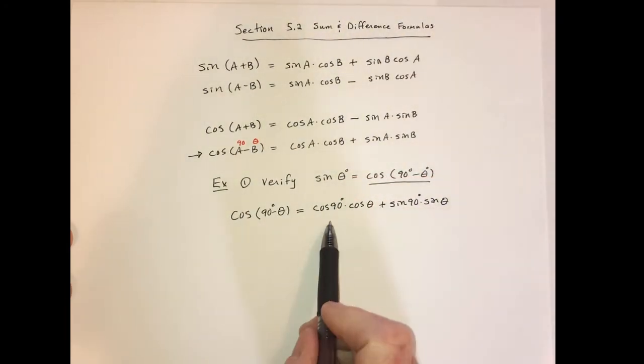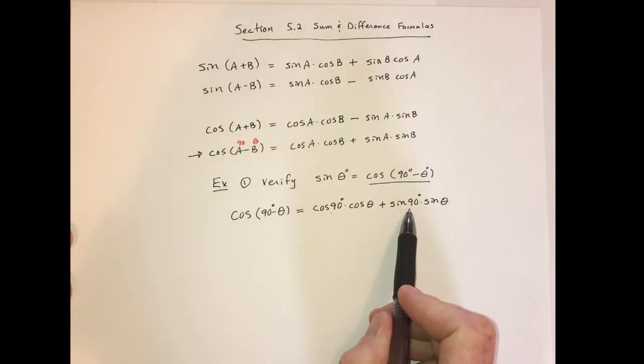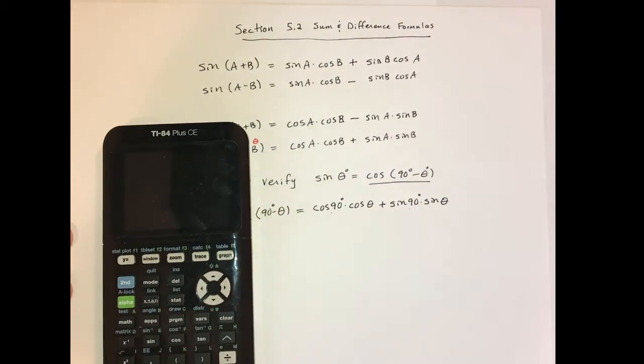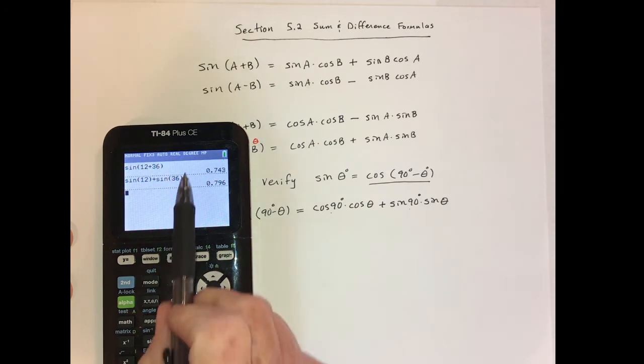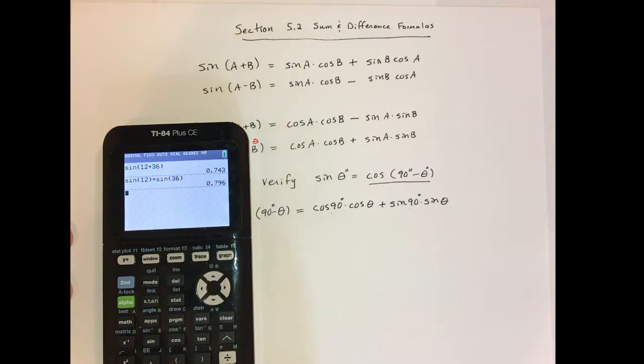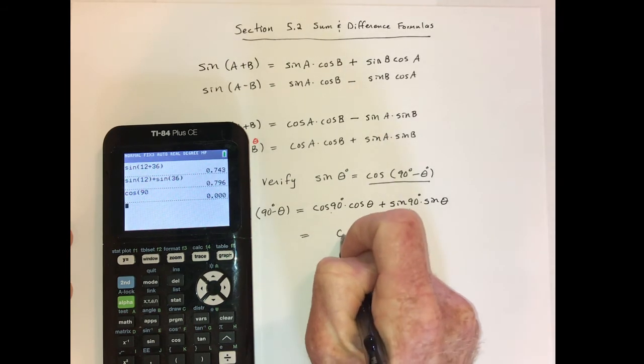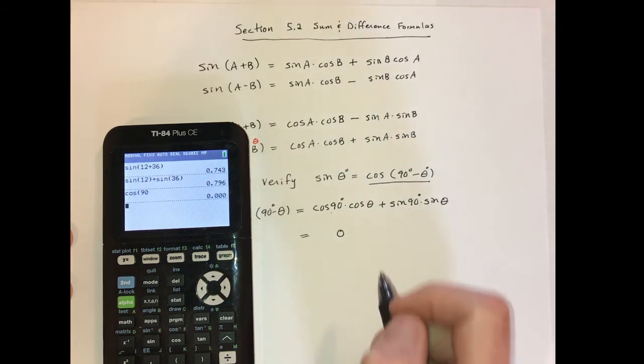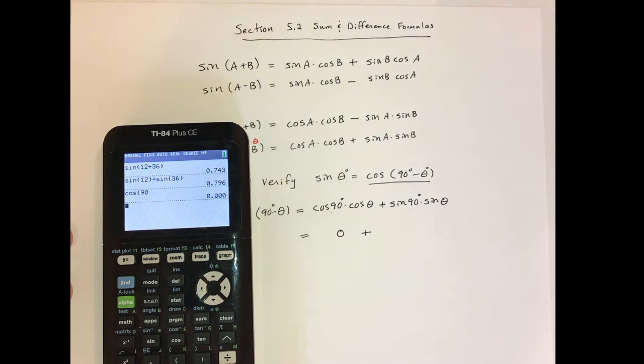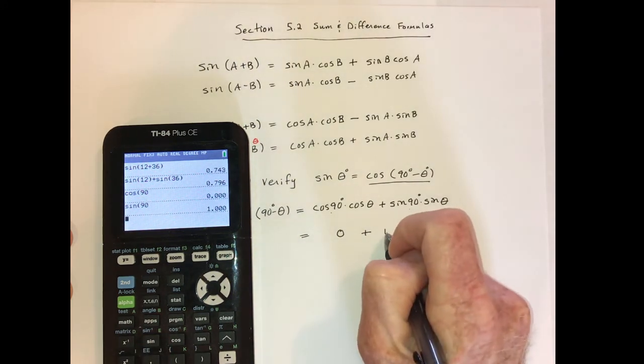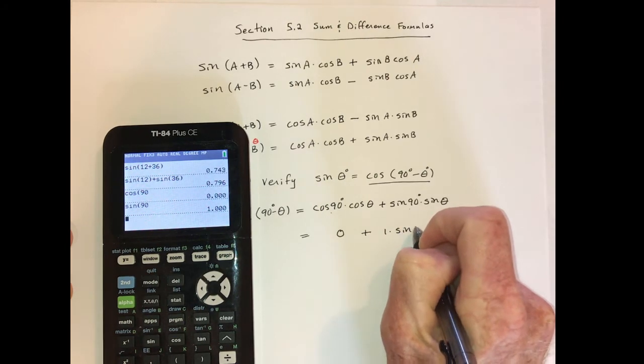Now, how much is cosine of 90? How much is sine of 90? So the calculator is still on degrees, good. Cosine of 90 is a 0. So that means that this part is 0 times something, so that's 0. And sine of 90 is equal to a 1, so this is 1 times sine of theta.